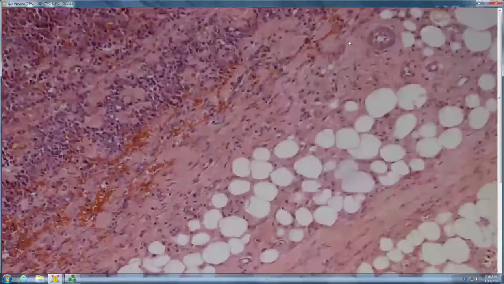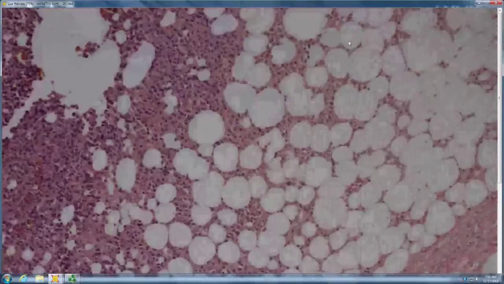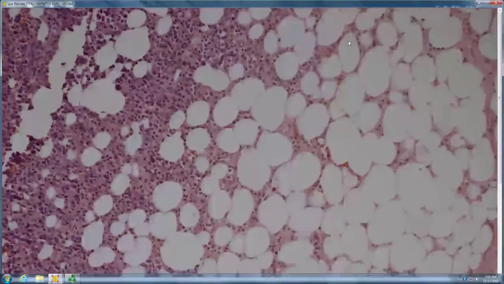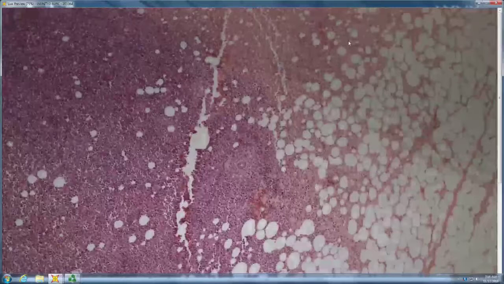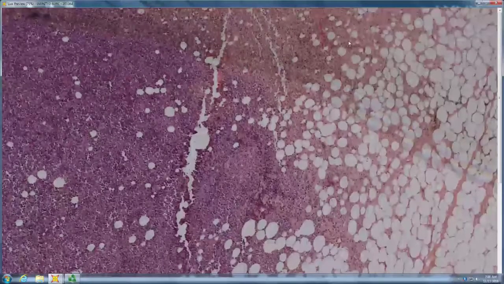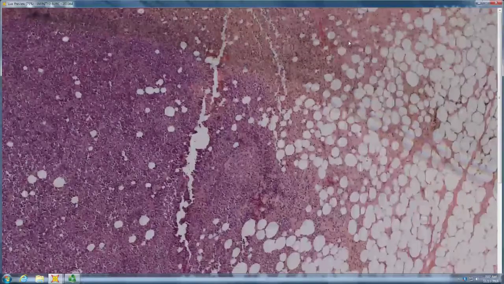Yeah. So do you know any panniculitis-like lymphomas? Yeah. Just that.